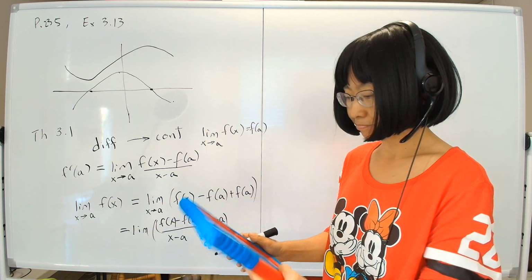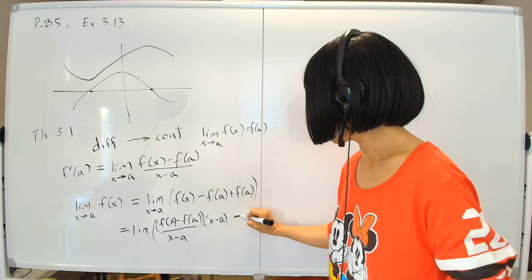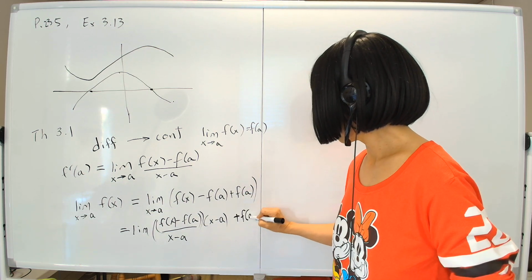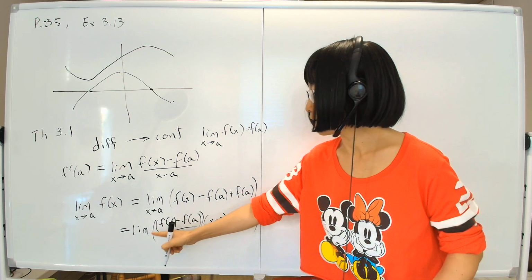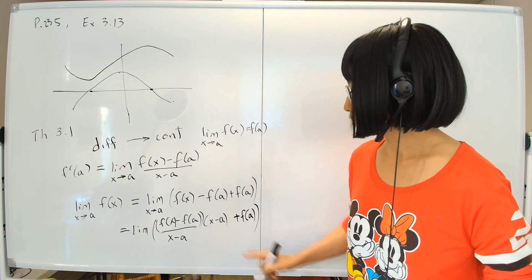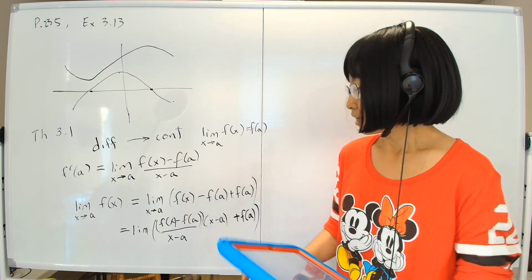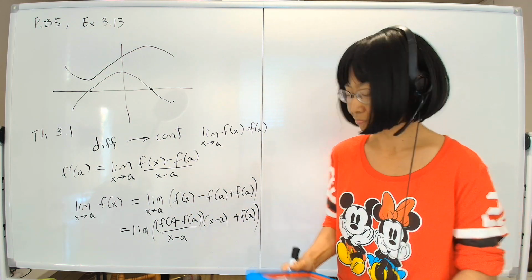This f of a still stays here. As you can see now, we have made things a lot more complicated. However, in doing so, we allow ourselves to use this. So next step.